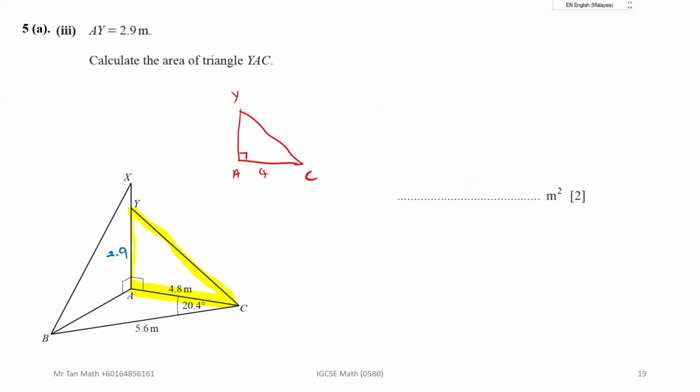YAC, this is 4.8, this is 2.9. So area is equal to half times 2.9 times 4.8, over 2. You get 6.96.